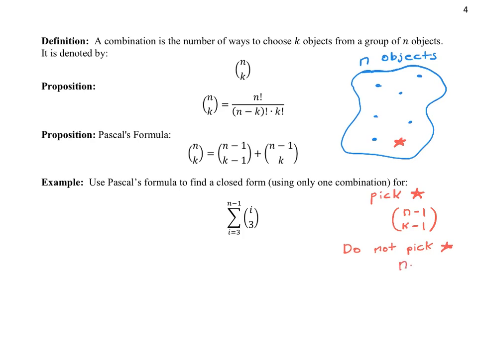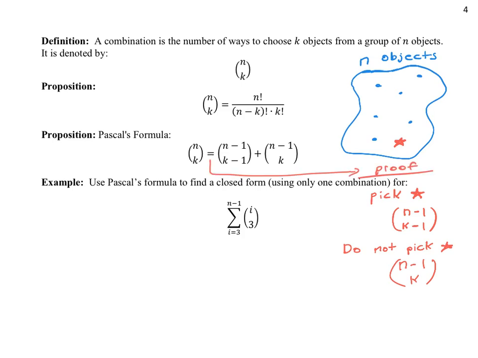So out of the n minus 1, you would now choose k. So these are the two different cases that exactly produce Pascal's formula for us, which is sitting right here. So that's our proof of Pascal's formula.